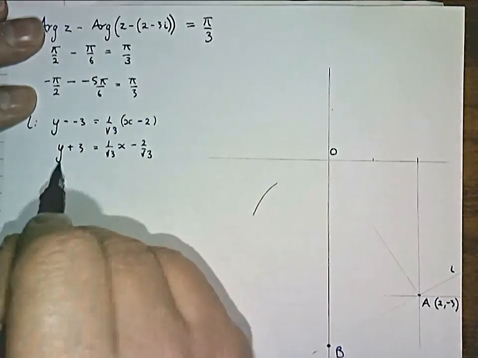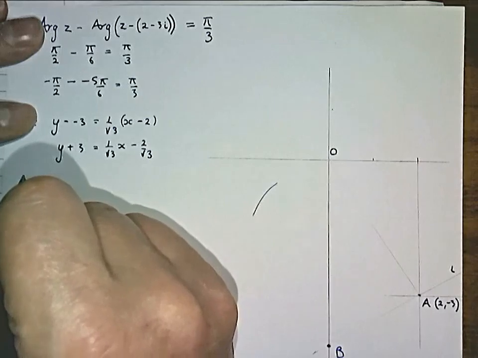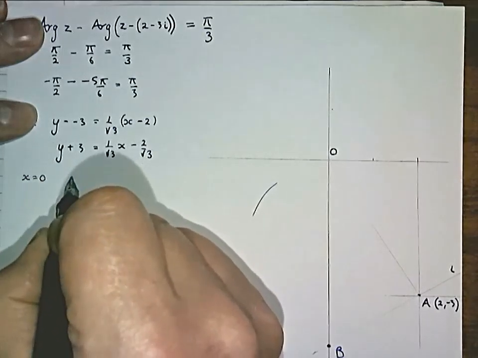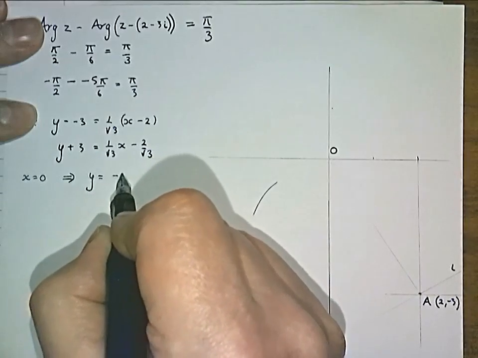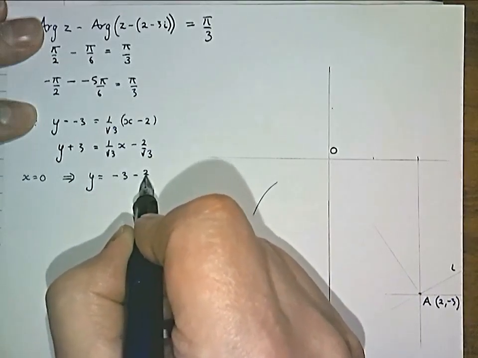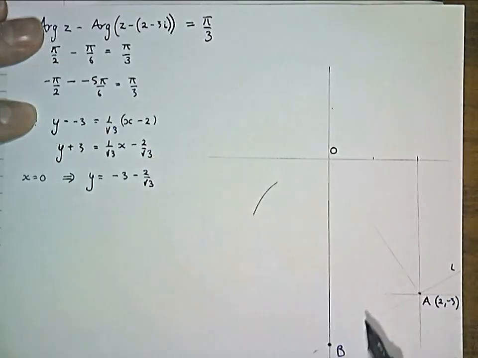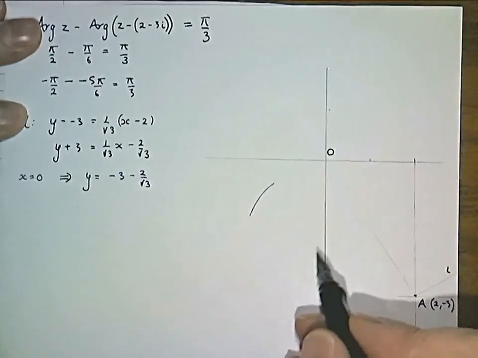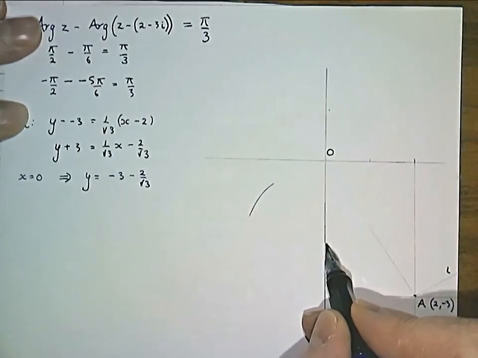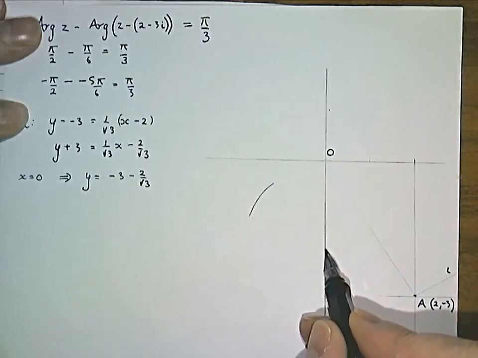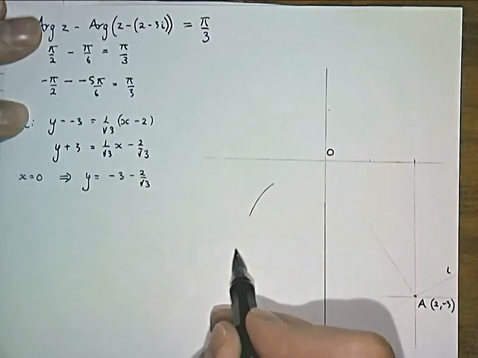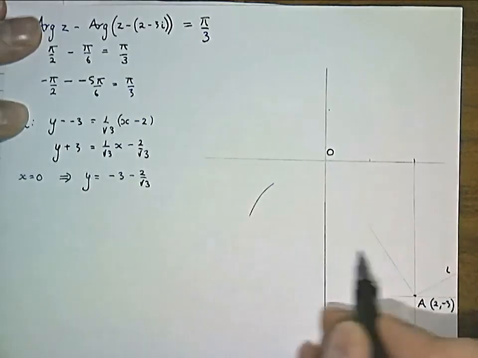And we can see that when x is 0, on the y-axis, then y is going to be equal to minus root 3 minus 2 over root 3. Now the perpendicular bisector obviously goes through half of that, so we're going to want this line, and that line will be y is equal to half of this.